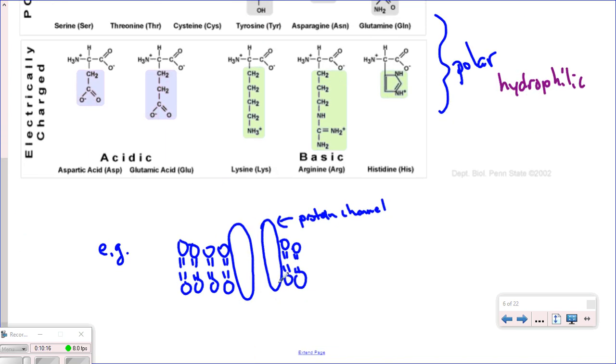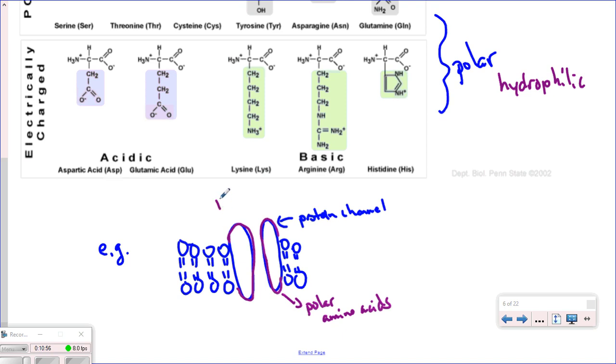So in a protein channel, you can imagine that these portions of the protein channel, so I'll just outline this in purple here, these portions of the protein channel, we would expect to contain polar amino acids, because these are exposed to the aqueous environment, this extracellular and intracellular environment.